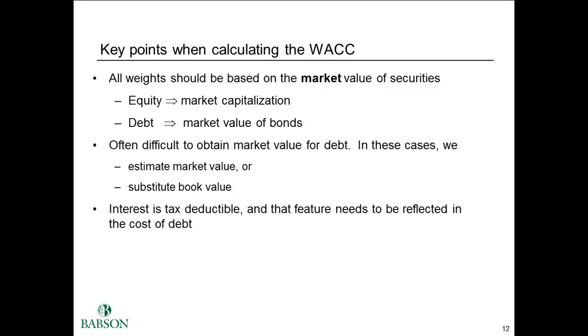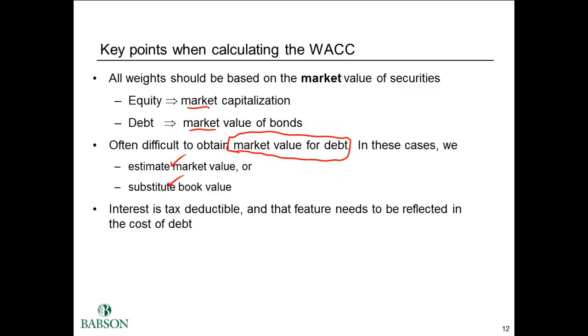And the punchline is you want the market value of the equity as well as the market value of the debt, because that reflects the economics of the firm going forward. Sometimes it's tough to get the market value for debt because it doesn't trade every day. So we can either estimate that or we can substitute the book value. But if we have the market value for debt, we'll use it.